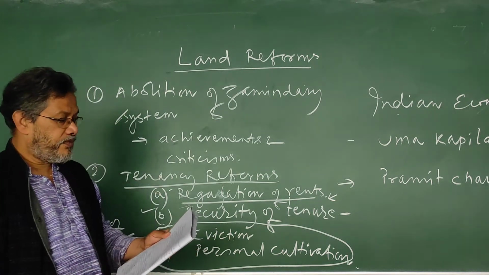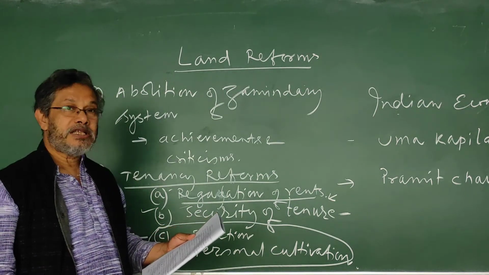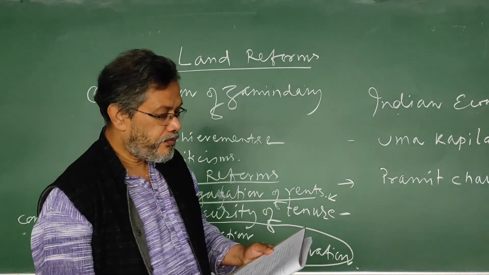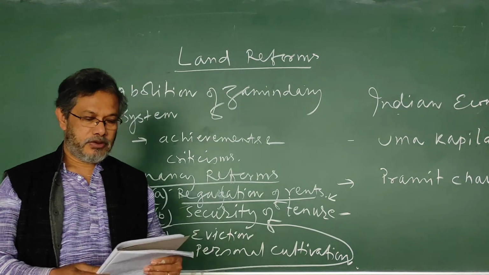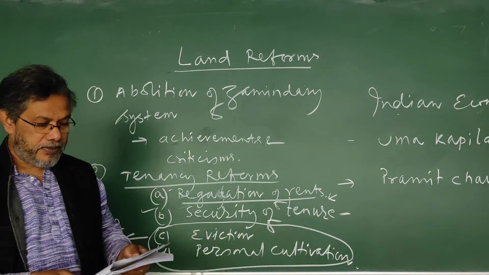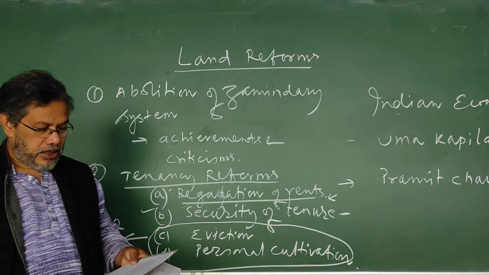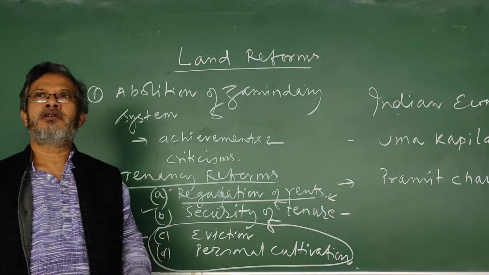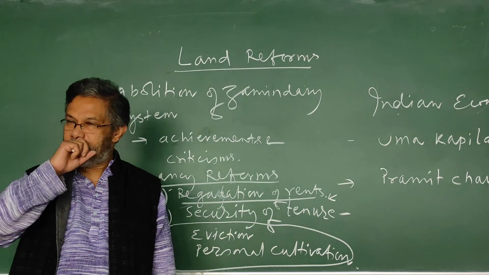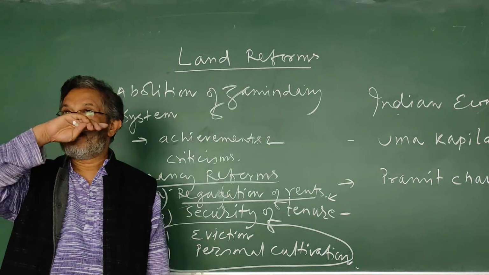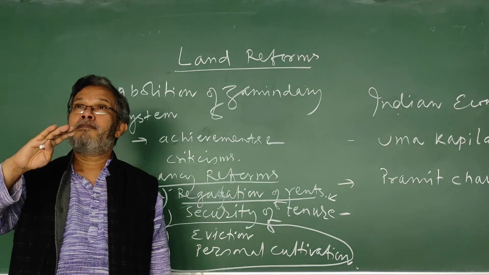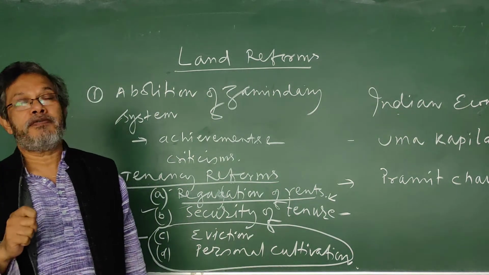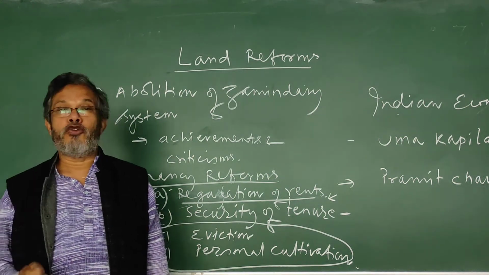And criticism about this ceiling on land holdings. First, with respect to the unit of application. What is the unit of application? When land holdings ceiling is imposed, it should be with respect to a member of the family or the whole family.